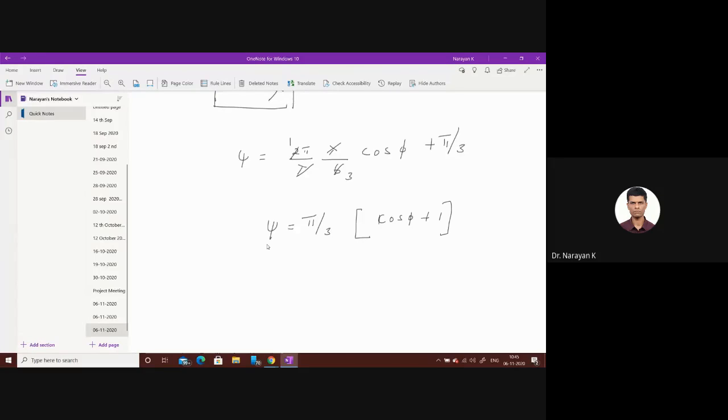Having found the value of psi, we have to find the direction of maxima and minima.